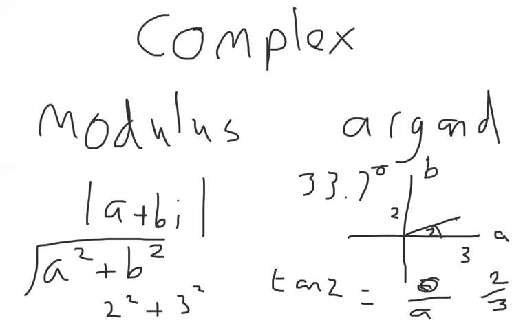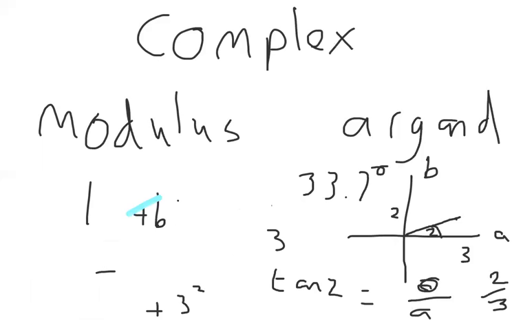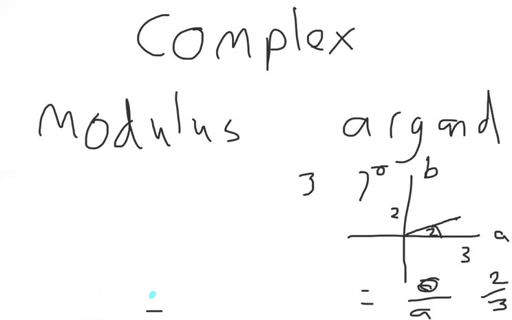We know that 4 plus 9 is 13, and then our answer is root 13. So that's what modulus and Argand is. It's relatively simple, it's just some tricky terminology.